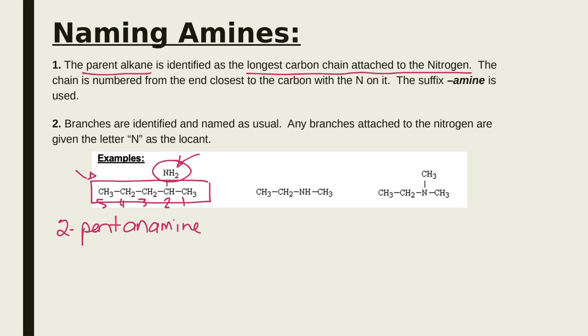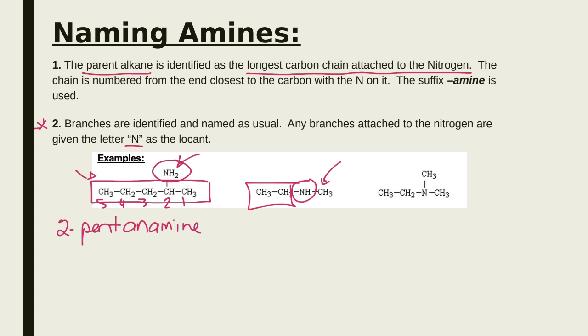If we look at the next one, here's my nitrogen in the middle, and this is the longest R group or parent group attached to it. This shorter chain is a methyl group, as we know. With the second step here, it says branches are identified and named as usual. Any branches attached to the nitrogen are given the letter N as the locant.